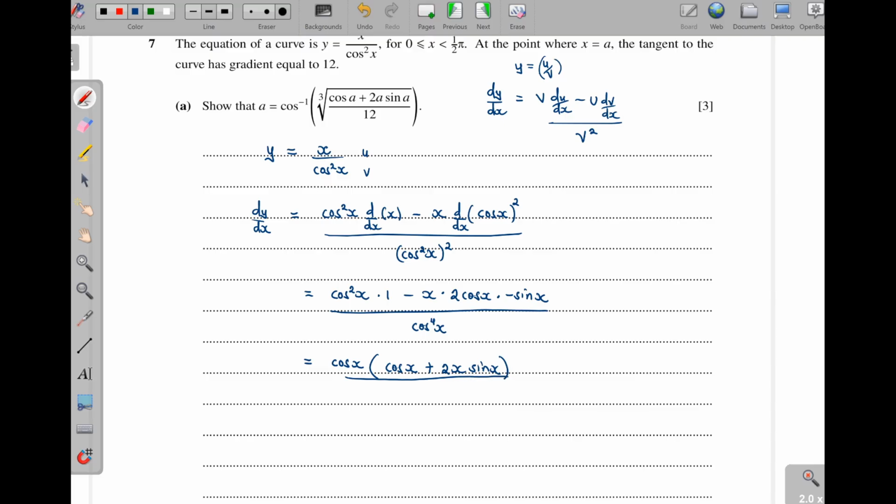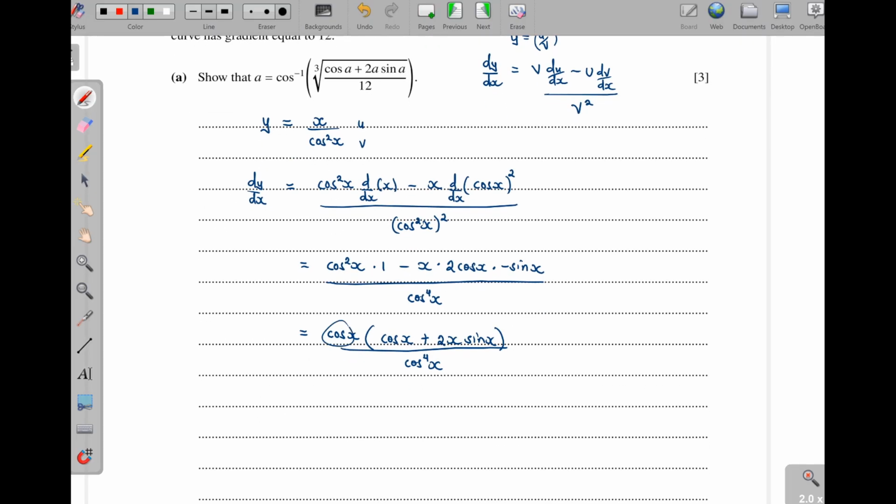Then we are dividing by the cosine power 4 of x. Now this one is going to reduce this, and then we get cosine of x plus 2x sine of x, then out of the cosine cubed of x.